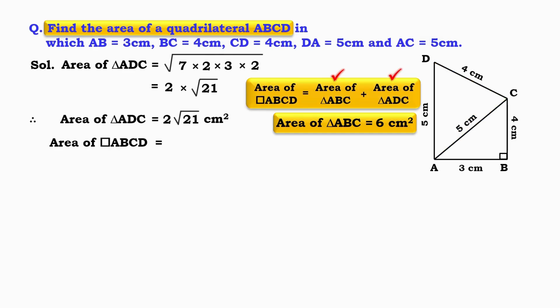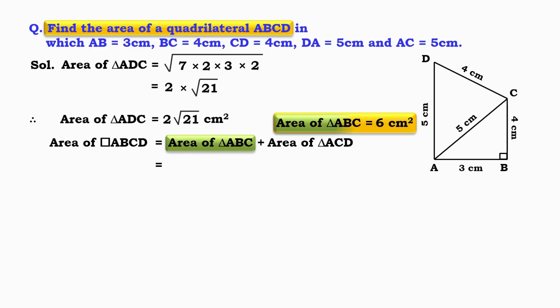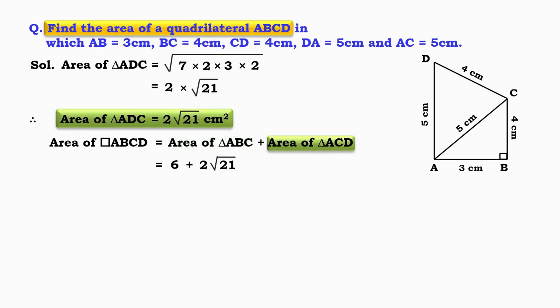Now we need to add those together. To find the area of quadrilateral ABCD, we have to add the area of triangle ABC and the area of triangle ADC. So that is equal to 6 plus 2 root 21.